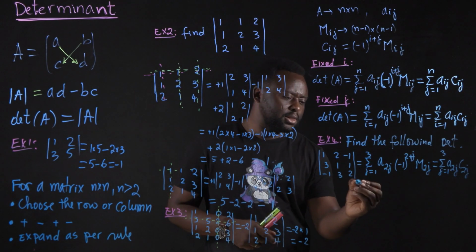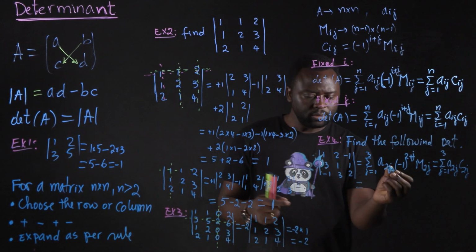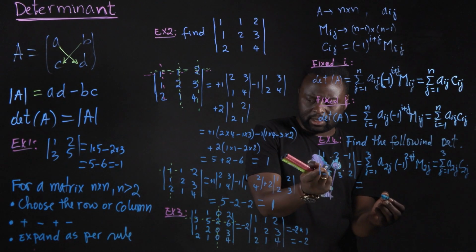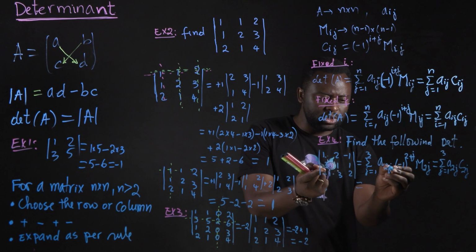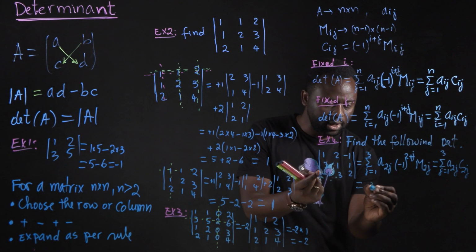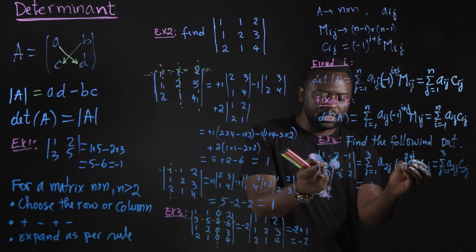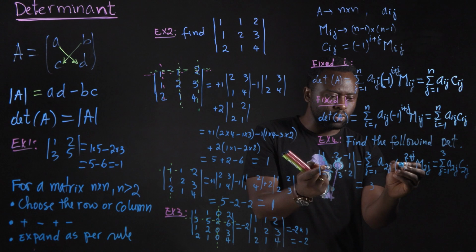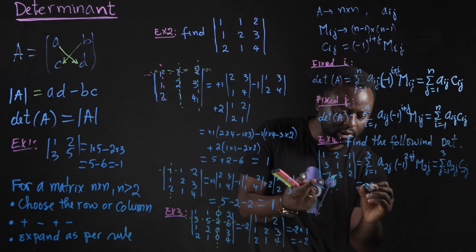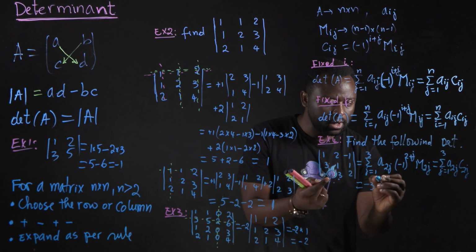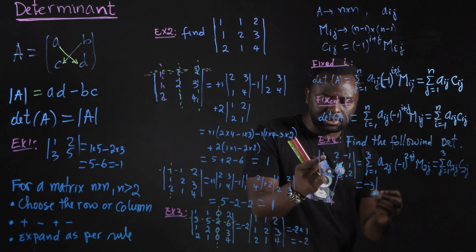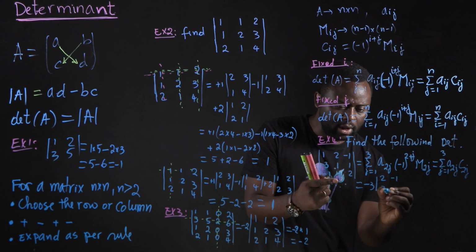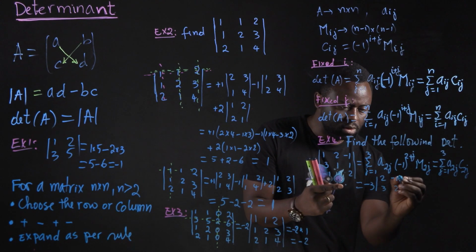Then let's expand. If we start with this second row, A21 is 3, right? At this position, j is 1, so 2 plus 1 is 3. Minus 1 to the power 3 is minus 1, so we put the negative here in front. And the minor here is 2, minus 1, 3, and 2.